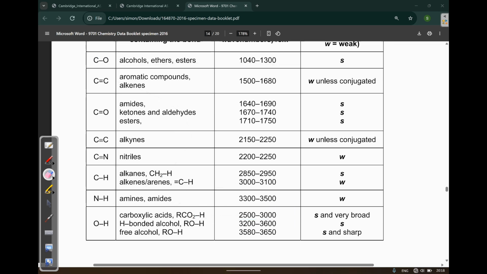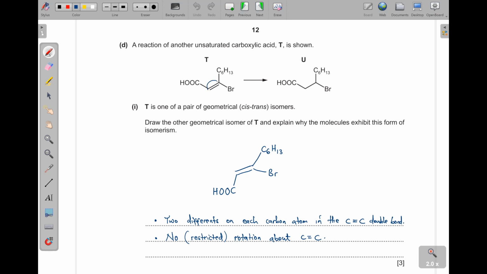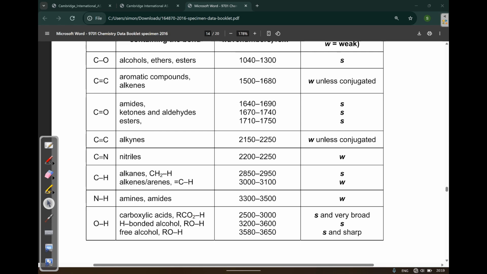Then we can go to the next one, the one that is only present in T. So let's look at T. T here has gotten a double bond here. Remember, Br is common. This one is common. You see? So we have the alkene here. So it is the one. So when we go to an alkene, where do we see it? For alkene, it is here, 1500 to 1680.